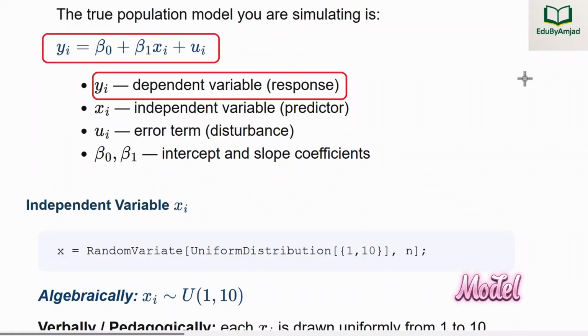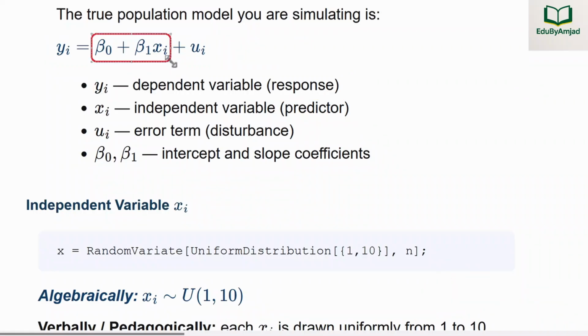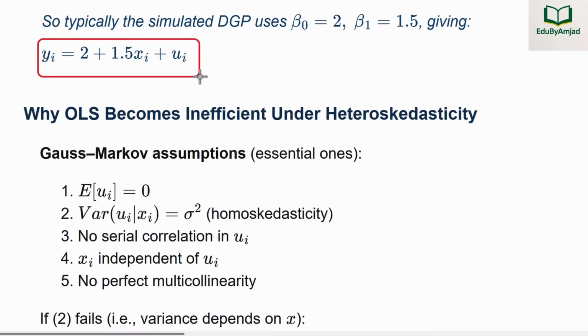Here, the model is shown in its general form with beta coefficients. Beta 0 and beta 1 are the intercept and slope coefficients. U is the error term. This is the same model in its specific form, where the coefficients are 2 and 1.5.